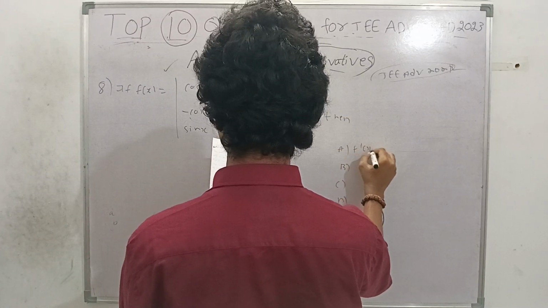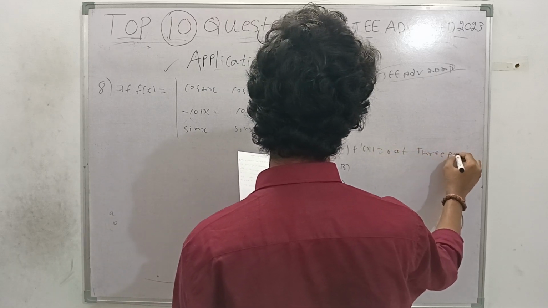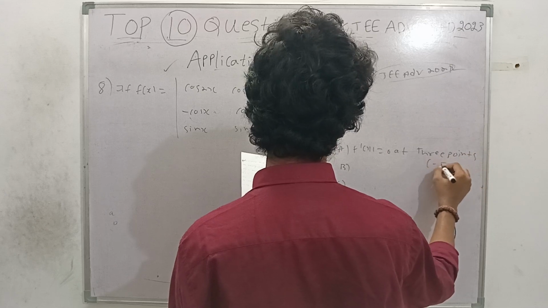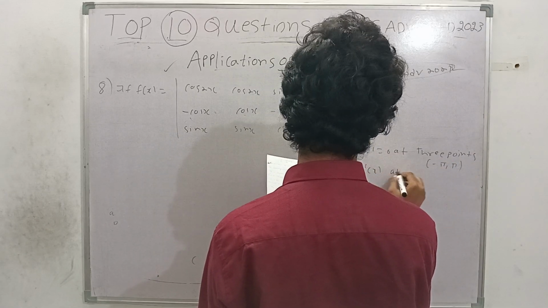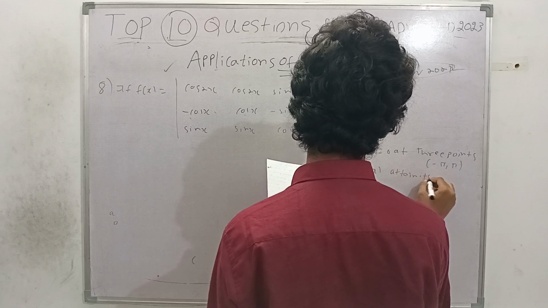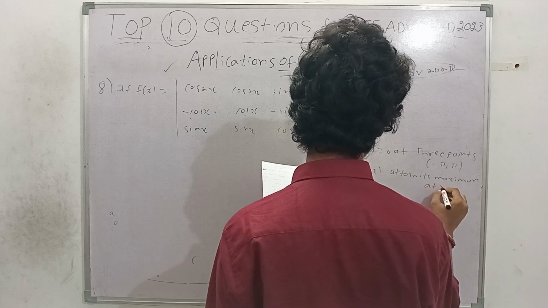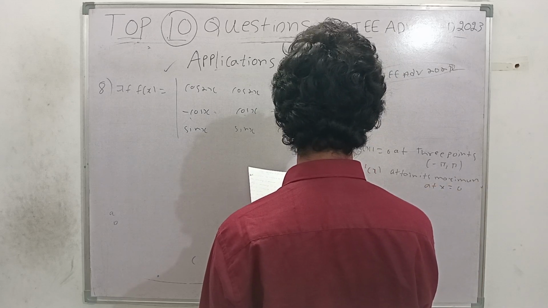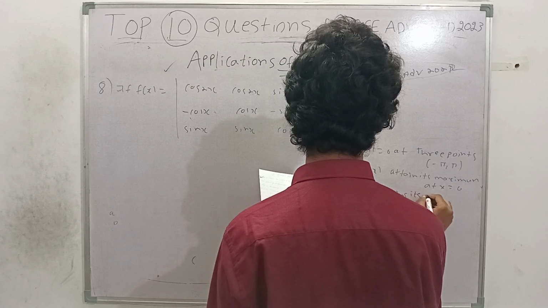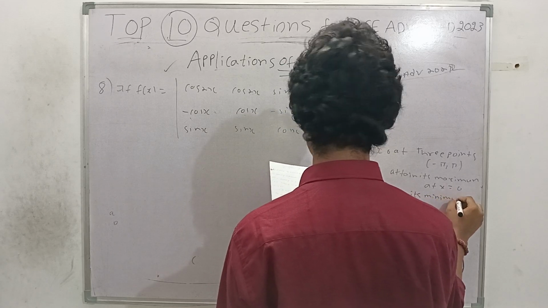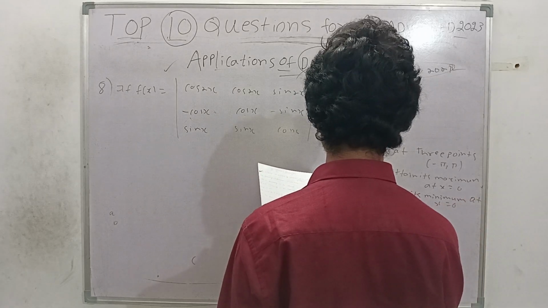Option A is f dash x equal to 0 at 3 points in minus pi to pi, and f dash x attains its maximum at x equal to 0, and f of x attains its minimum at x equal to 0.